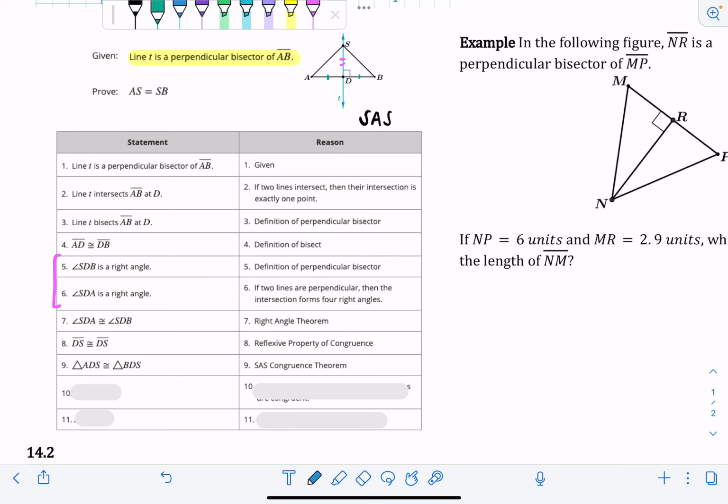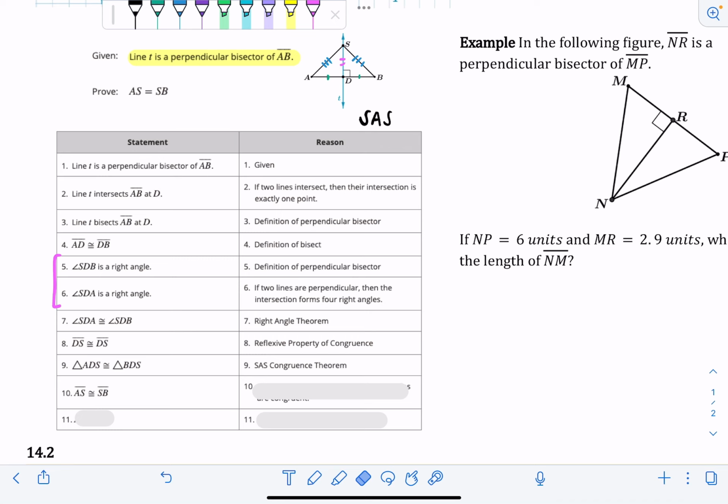So that means that this third side, now I can say third, is congruent to this third side. So AS is congruent to SB. No matter what, if we've proved that the triangles are congruent, we know they're the exact same size, so we can say all the parts are congruent to each other. So for number 10, segment AS is congruent to segment SB.